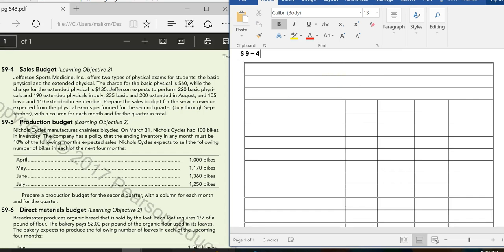So let's do the sales budget for the company. I'll write down the name of the company, and I'm trying to do it in a Word document. It's a little bit hard rather than writing on paper, which I feel is a bit more convenient. So just for convenience, I copied an Excel file.